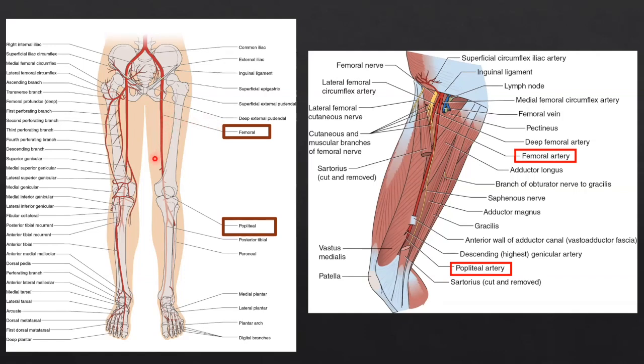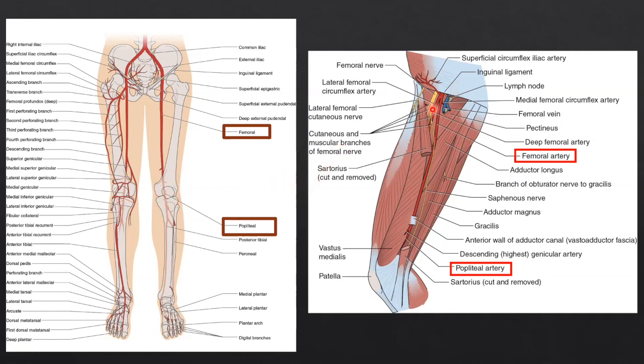It's also interesting, once we go into the knee lecture, you notice that the blood supply is coming from the same vessel. It just changes its name once it reaches the knee joint. And the new name of this vessel will be the popliteal, and that will primarily be responsible for blood supply at and around the specific knee joint.